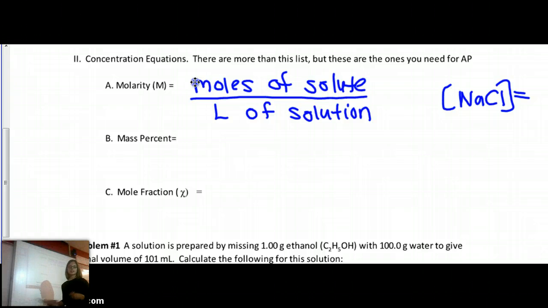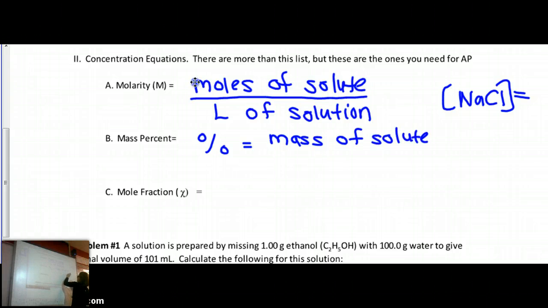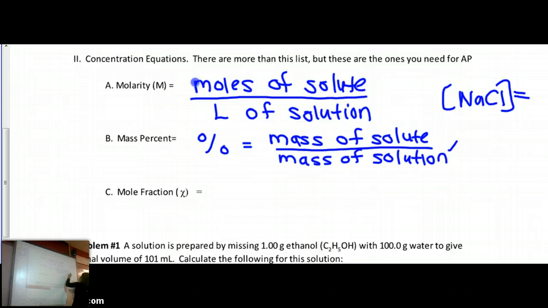Another way to calculate concentration is the mass percent. This is the same percent that you've been doing your whole life. The mass percent is equal to the mass of the solute, the part, over the whole mass of the solution times 100.